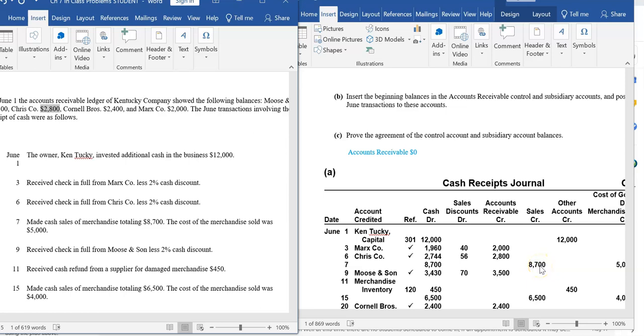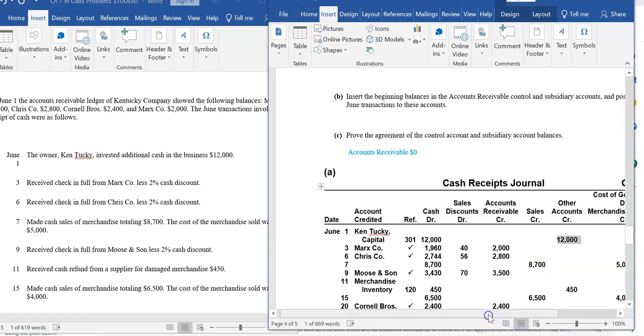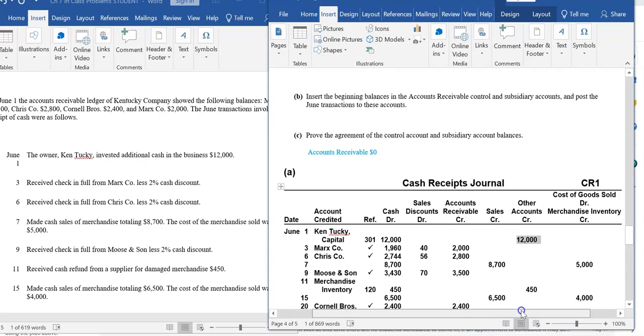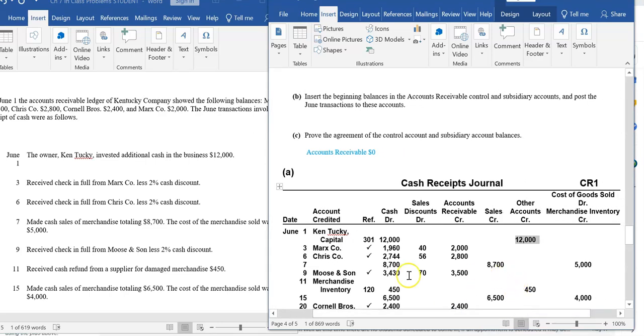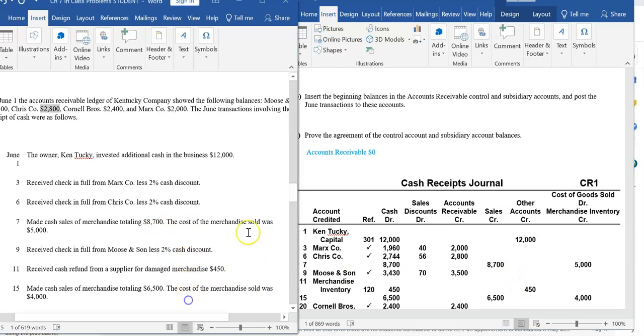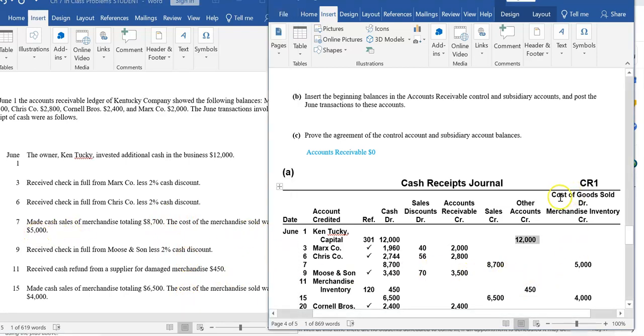Remember, when we make a sale, we also need to record the second entry involved with the use of the inventory becoming an expense. The merchandise cost $5,000. So we will also need to record the journal entry for a debit to cost of goods sold, a credit to merchandise inventory for $5,000.